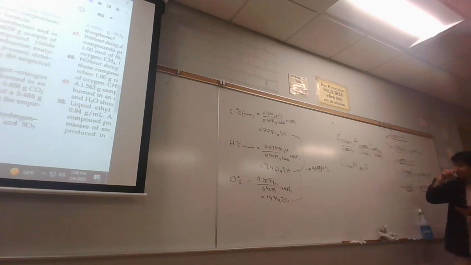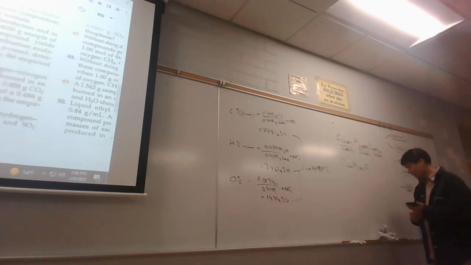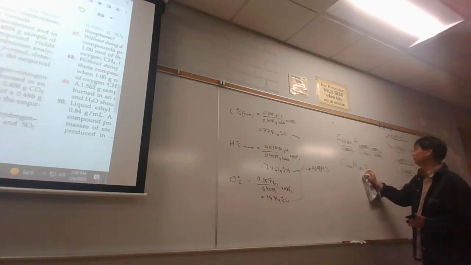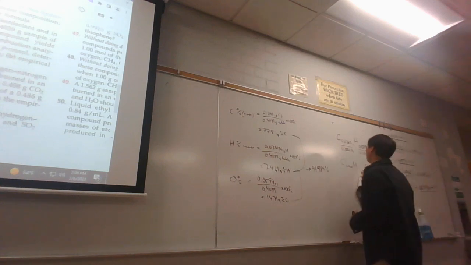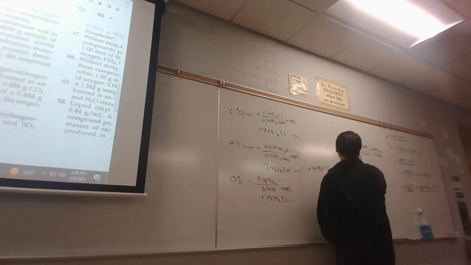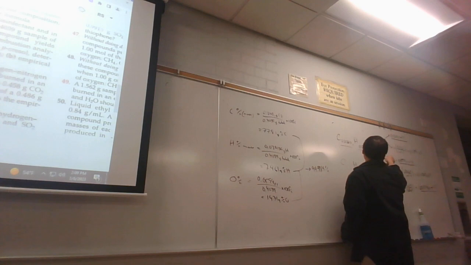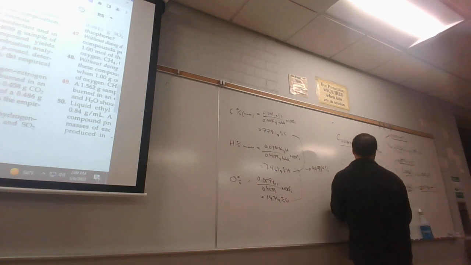Actually, I didn't. Is it actually the smallest number? Oops. I didn't divide by the smallest number, did I? No, oops. I see my mistake. The smallest number was not 0.026171. What was the smallest number? Yeah, shoot.